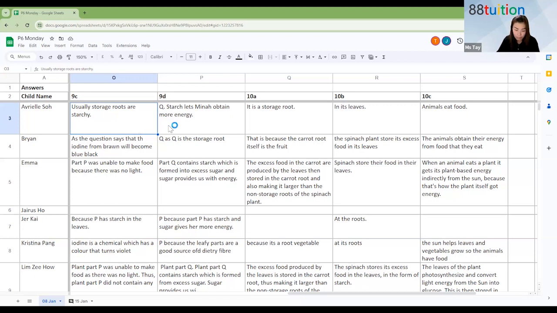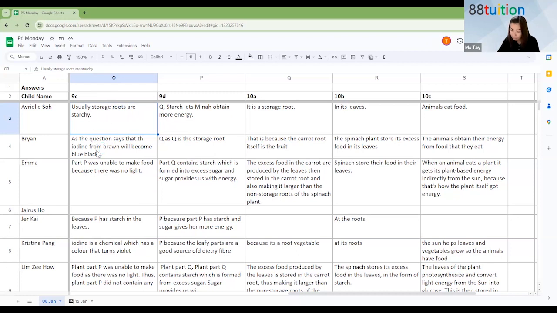But you didn't say whether it's P or Q. You only say usually storage roots are starchy. So did you answer the question? Not exactly right. You didn't select which part. So you cannot let me assume which answer is the one you're choosing. Please write it down, whether it's P or Q, be very clear.